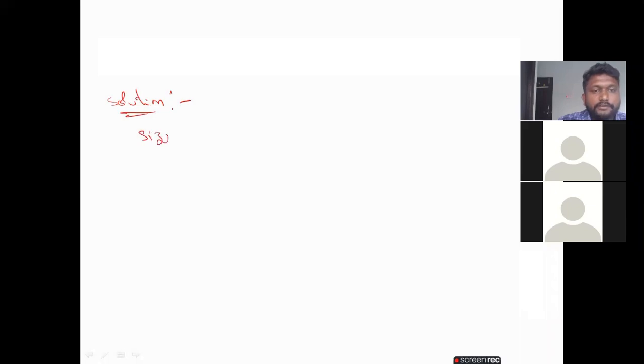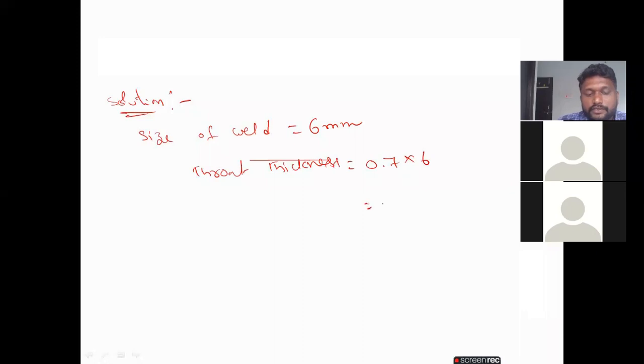Size of weld equal to 6 mm. So if it is a fillet weld, what is the throat thickness? The throat thickness is 0.7 into 6. So we will get 4.2 mm. So this is the throat thickness.